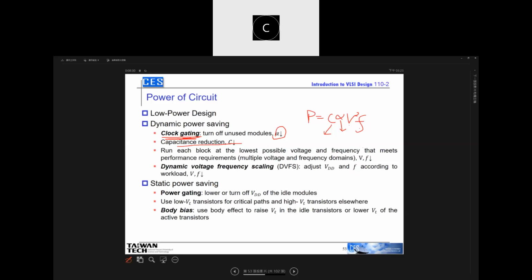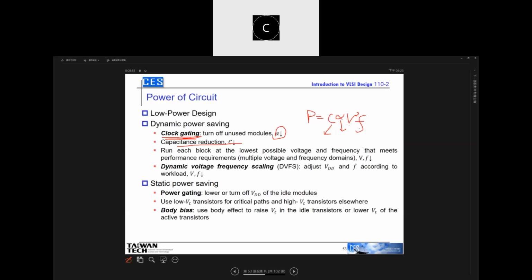Because V and F are related to the performance or the speed of the system. So you cannot unlimitedly reduce V or F. Ideally that's possible, but if you go below a certain ratio, your performance cannot be satisfied.